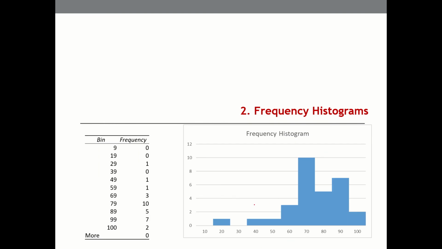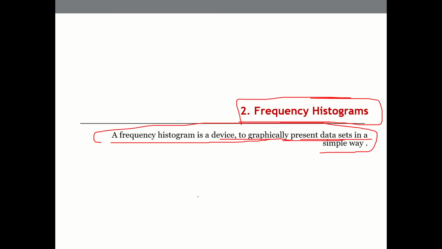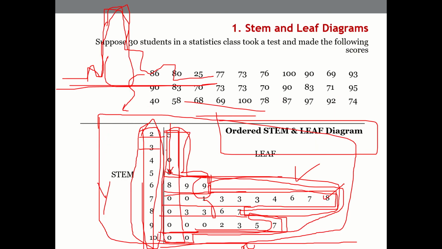For example, with the same data sets, we have seen that in the 20s we have 1, in the 30s nothing, in the 40s 1, in the 50s 1, and in the 60s 3 data sets.